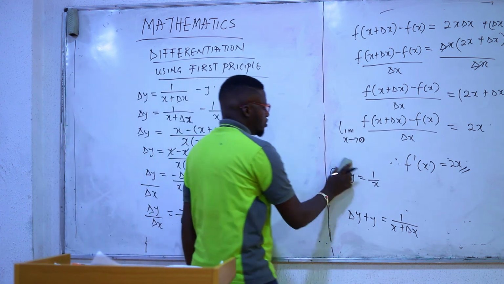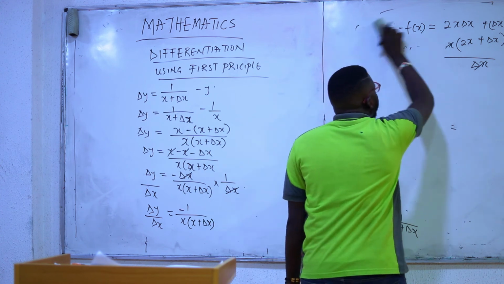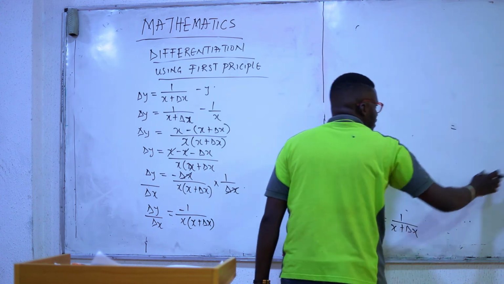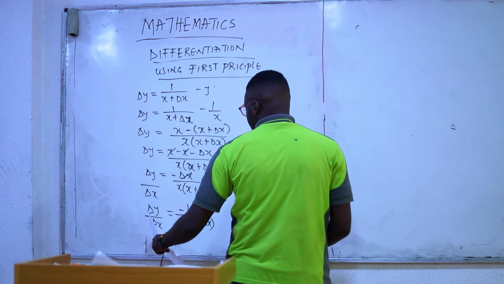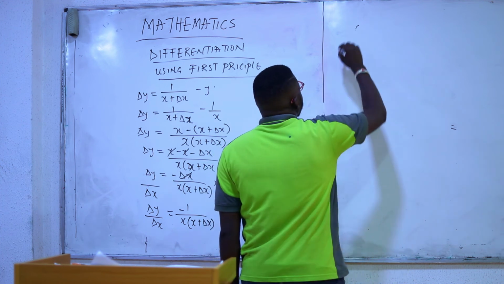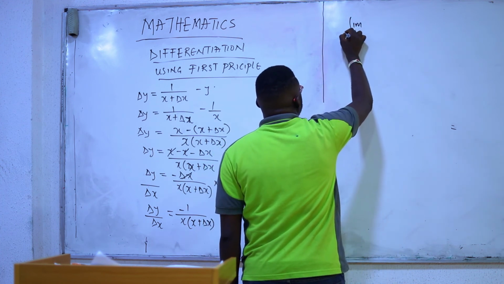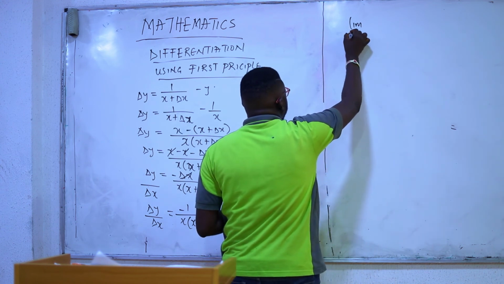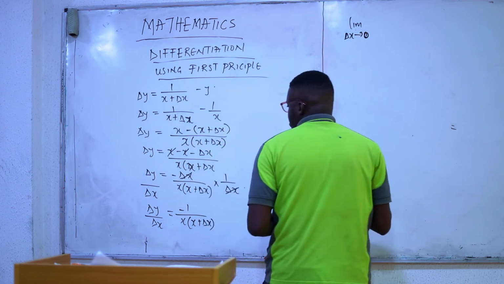So all I just need to do is just to come here and finalize my solution. So finalizing my solution, I'm going to have limit as x approaches 0, or as my change in x approaches 0.